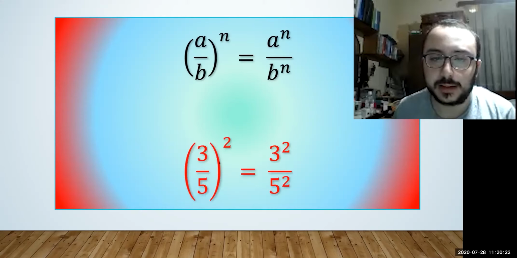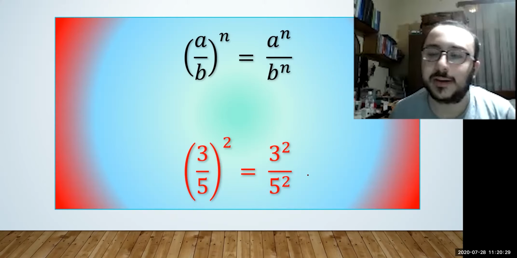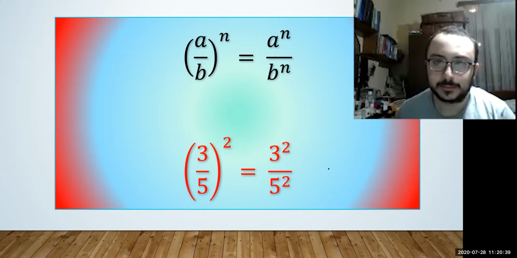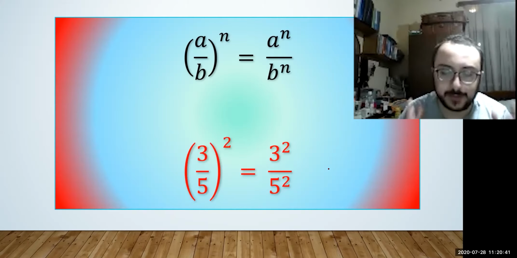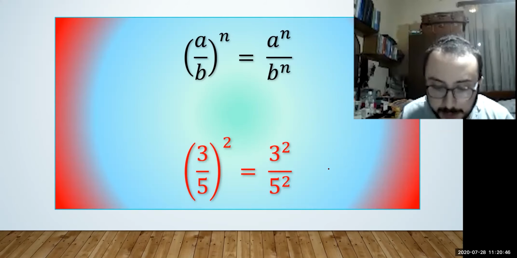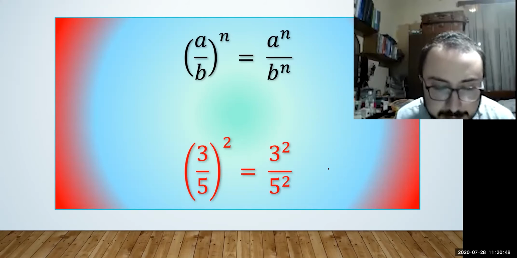For example, 3 over 5 power 2 is equal to 3 power 2 over 5 power 2. We gave the power 2 to each one of them. So when you have a fraction that has a power, you give that power to the numerator and to the denominator.